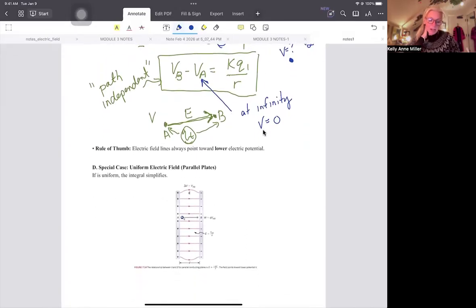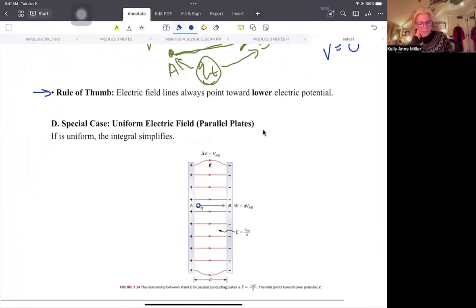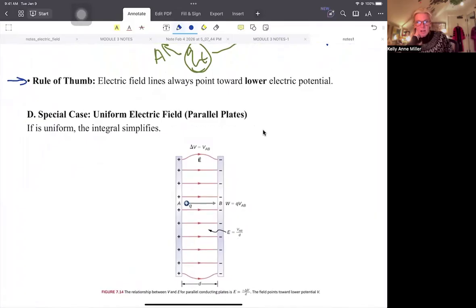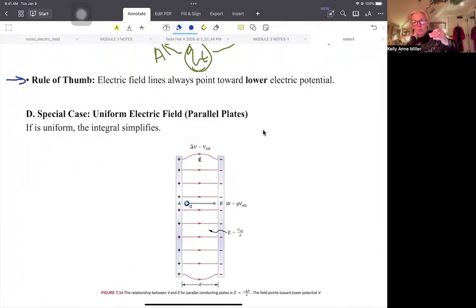And then a rule of thumb that we'll get to in the third video is the electric field lines always point towards the area of lower potential. So if we look at a parallel plate capacitor, which is an interesting case that we'll deal with in depth next week, this is kind of a preview.